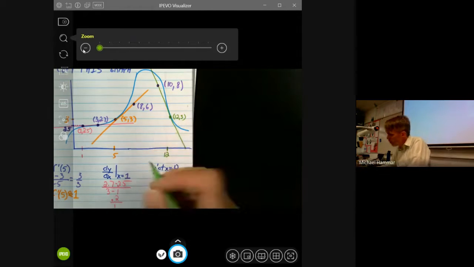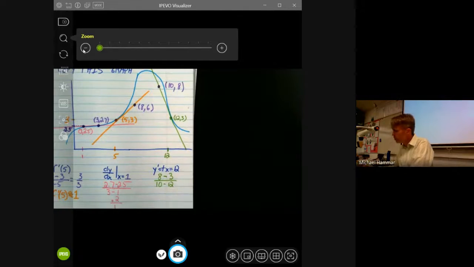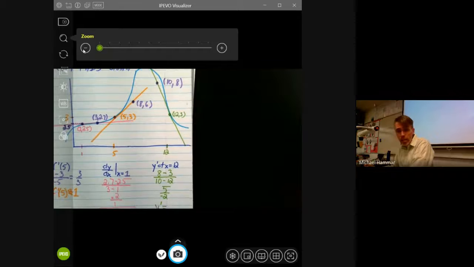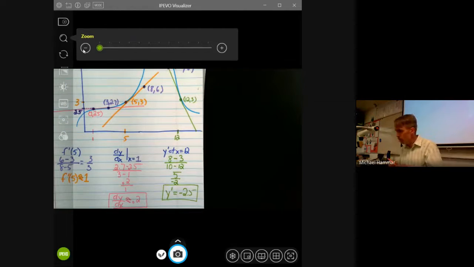If I use the first one, let's take 8 minus 3 over 10 minus 12. You subtract the y's and you subtract the x's, so we get 5 over negative 2. So in this case, the derivative at that point, y prime, is about negative 2.5. And that is the slope of the line at that point.